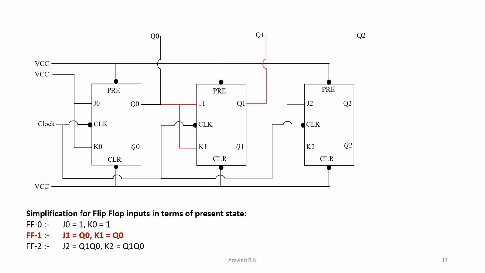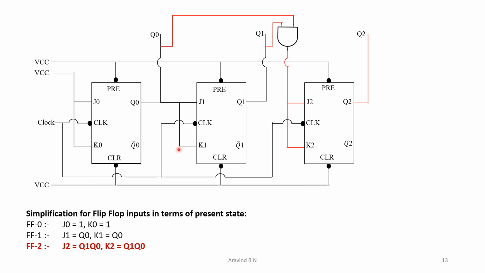Getting into the next part, we are going to realize for flip-flop 2. That is J2 is equal to Q1 Q0, K2 is equal to Q1 Q0. So Q1 Q0 in a sense is an AND operation between Q1 and Q0. Therefore, an AND gate is taken, and as input to this AND gate we have connected Q0 as well as Q1, and its output is connected to J2 and the same for K2.